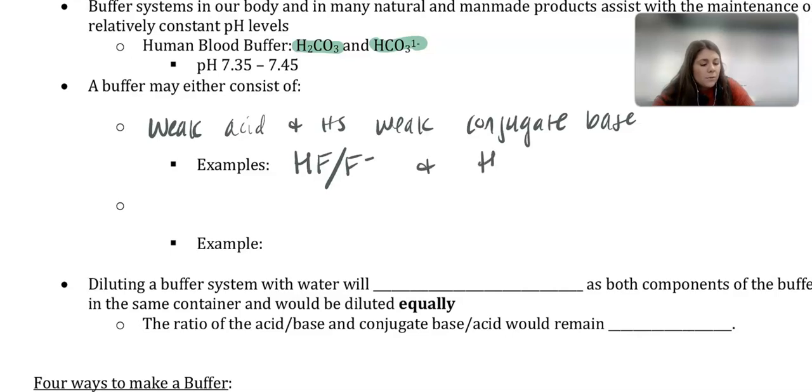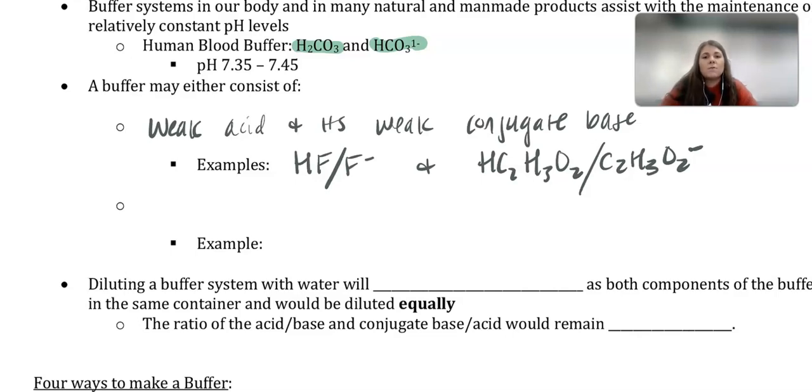Or you can also think of acetic acid, HC2H3O2, and the acetate ion. These would be examples of two weak things. Whatever you have listed first will be the weak acid or weak base, and whatever is listed second will be its conjugate.